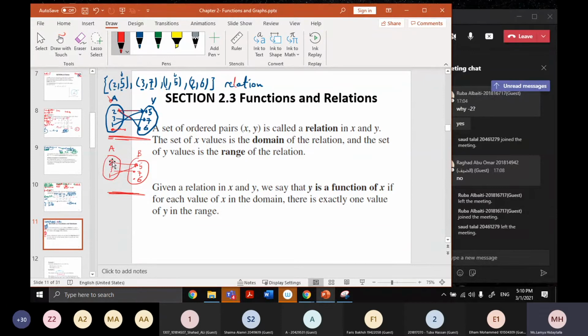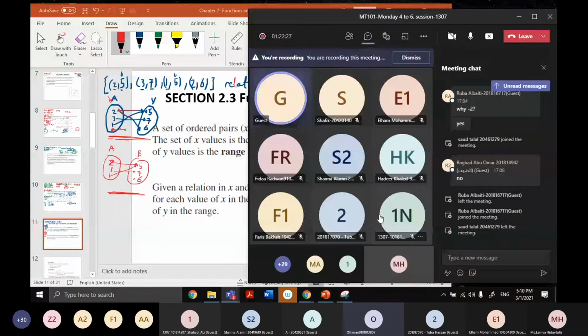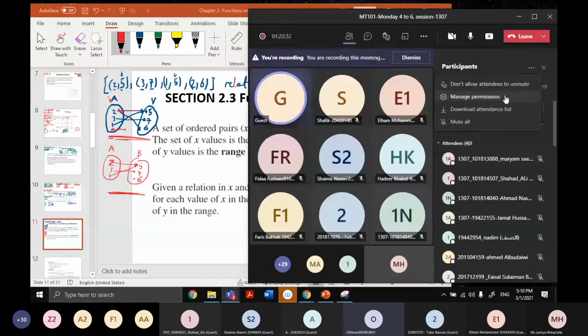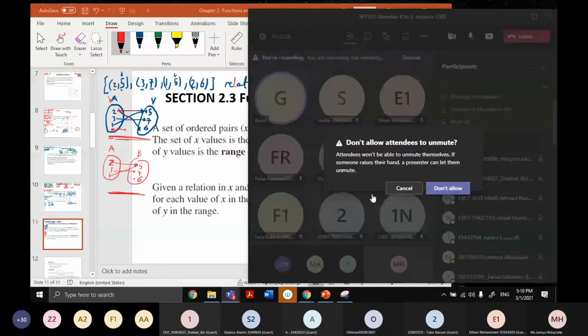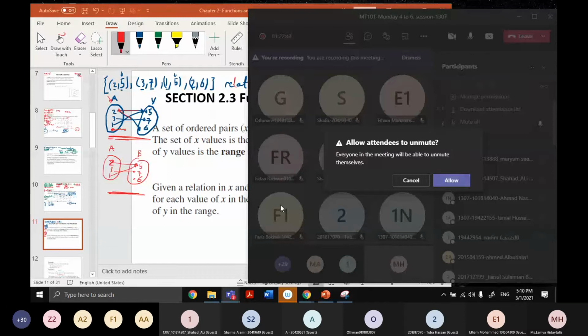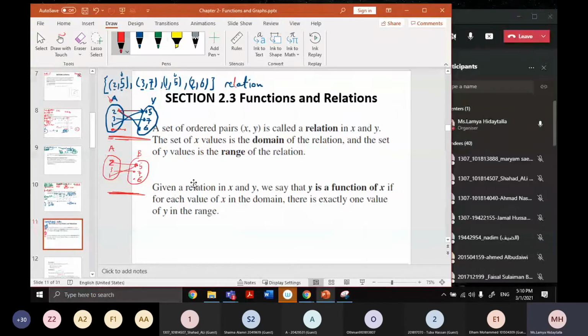So, for instance, every element here is mapped to a unique element here.